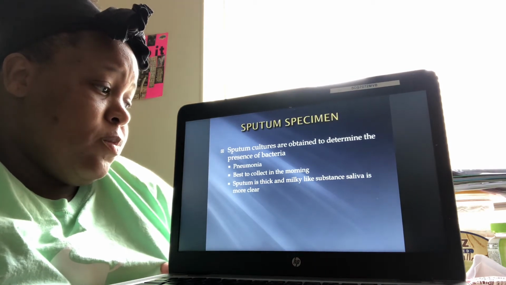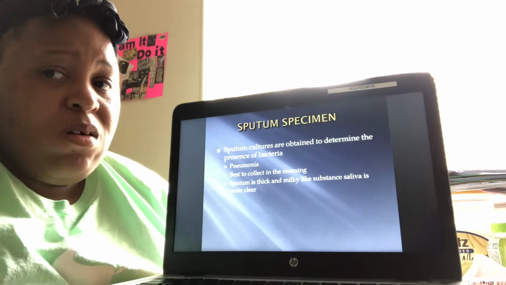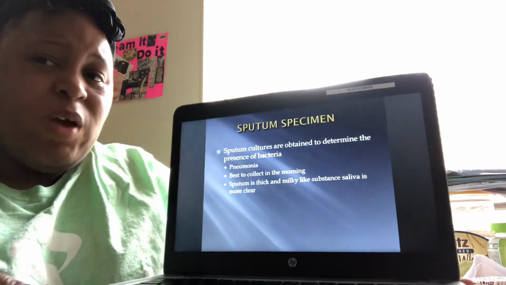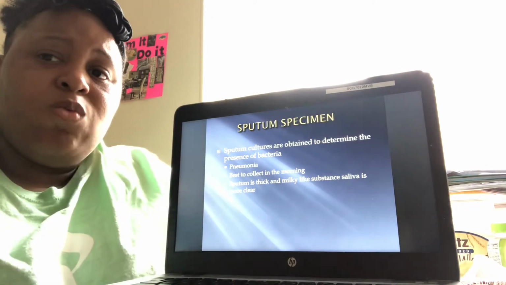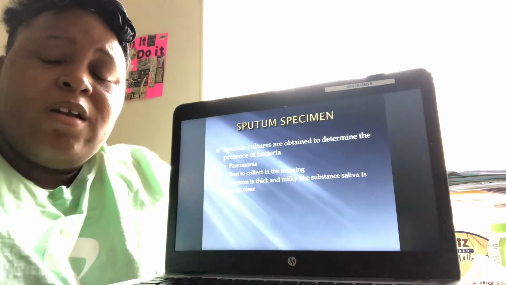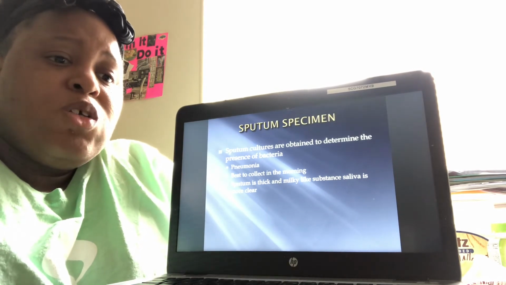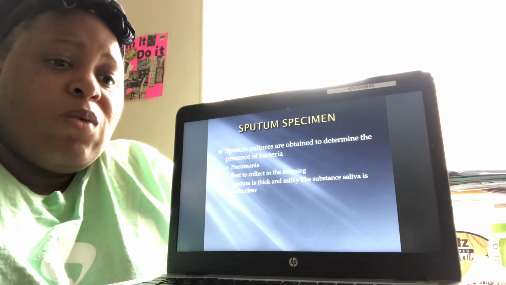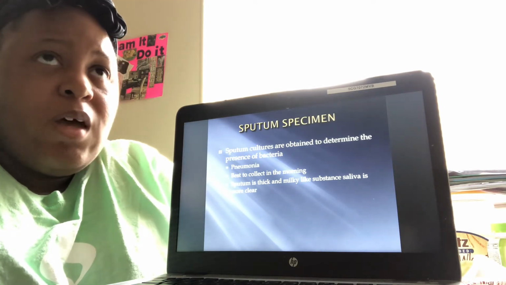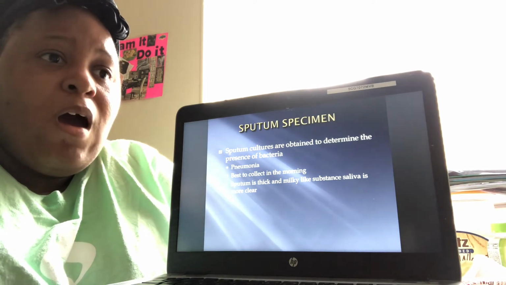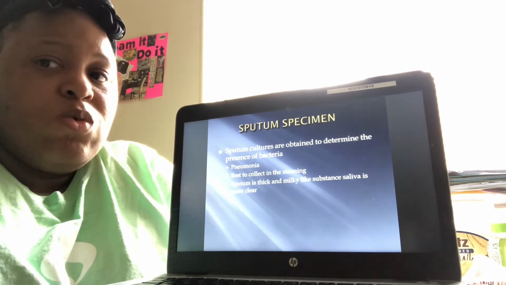Like right when they first wake up in the morning, patients are to get, because we all wake up with some form of phlegm or mucus, and we want to make sure that we get that up and into a cup. So normally, when I worked in certain facilities, if I worked 3 to 11 or 11 to 7, I would make sure I put a labeled cup into the room.